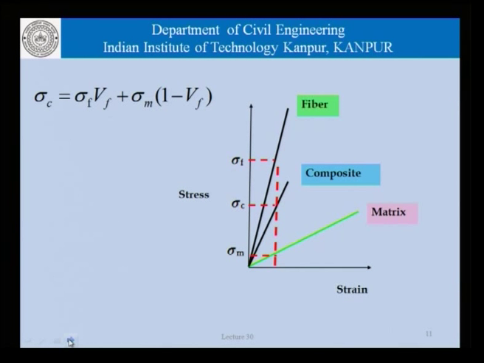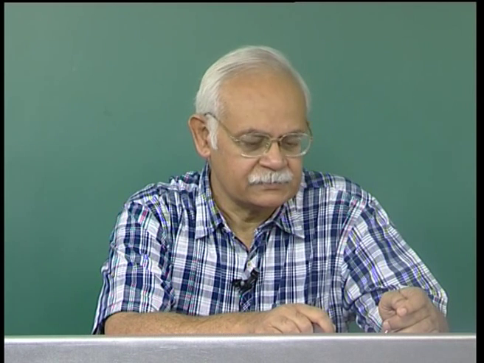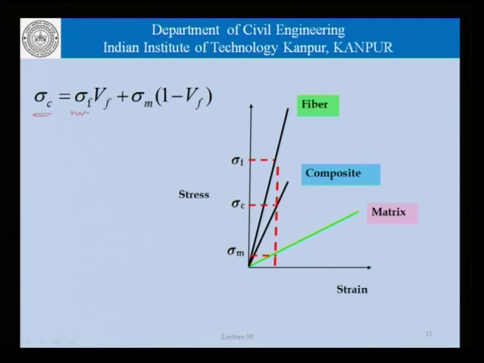The sigma c, which is the stress carried by the composite, can be written as sigma f times V f plus sigma m times 1 minus V f, which means that some fraction of the stress carried by the composite is carried by the fibers, which is sigma f times the volume fraction of the fibers, plus some fraction carried by the matrix, which is sigma m times 1 minus V f.